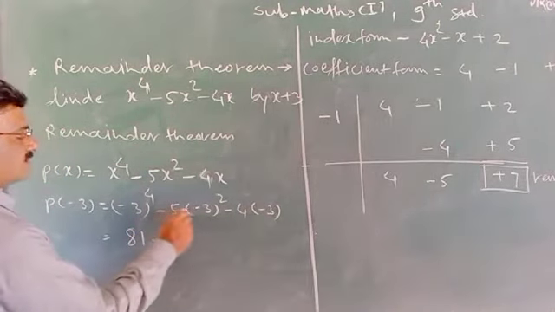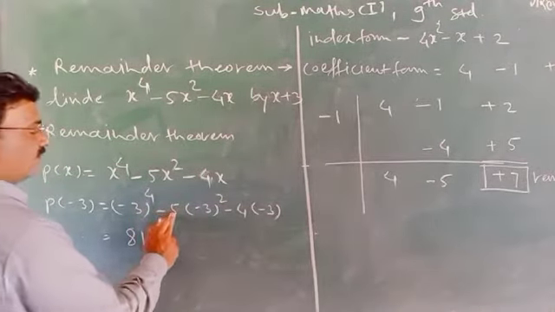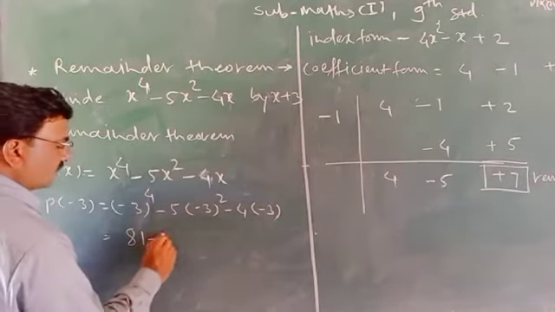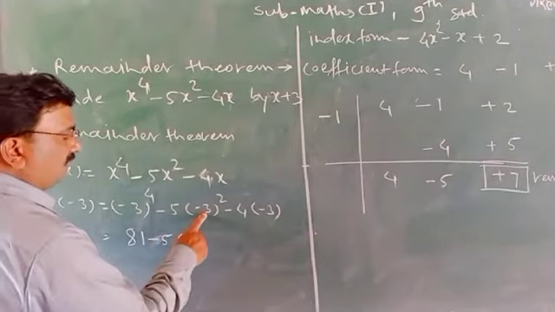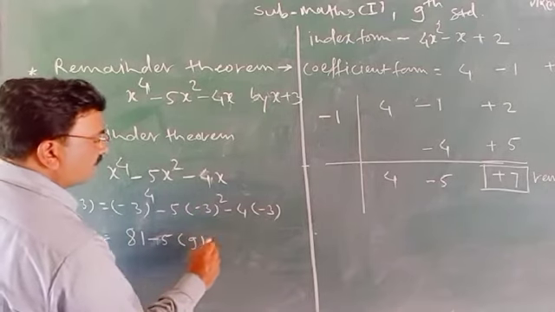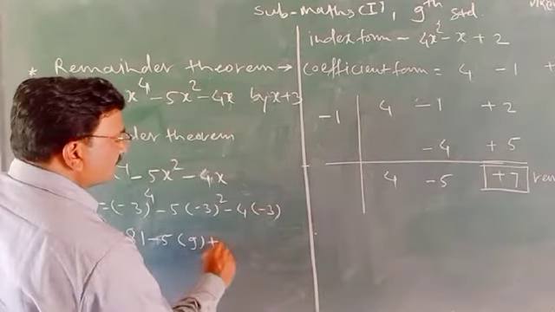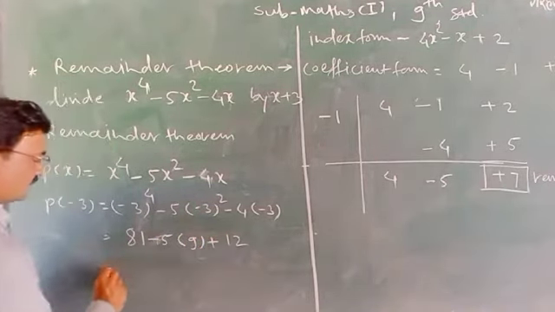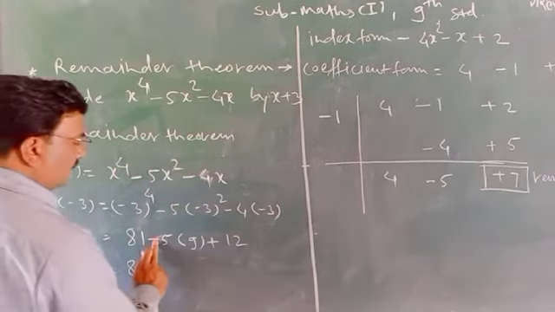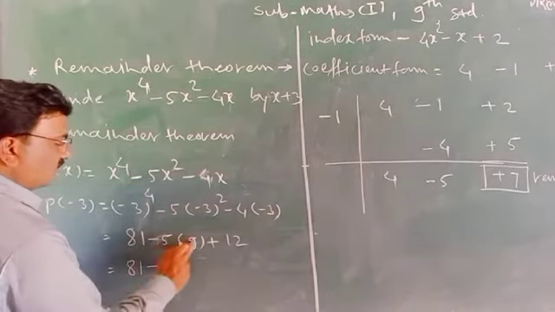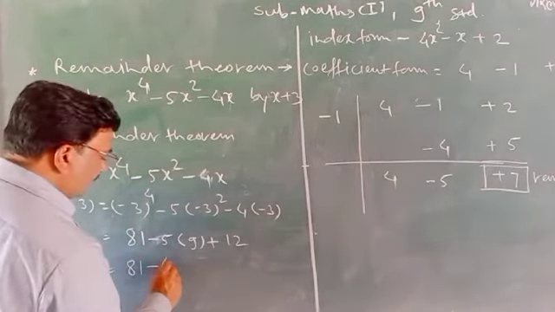Then minus 5, and the square of minus 3 is 9. Minus plus, 4 3s are 12. So it is 81 minus 45 plus 12.